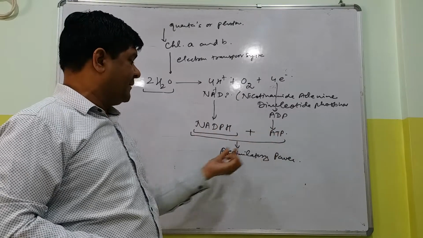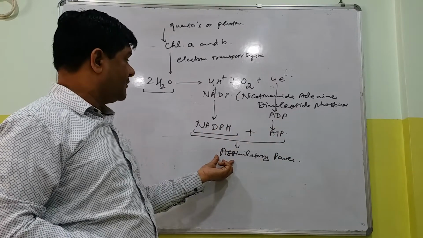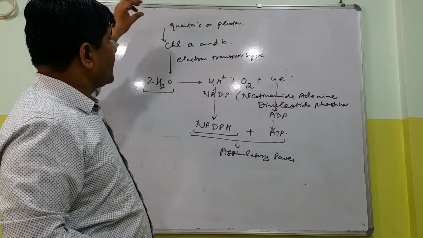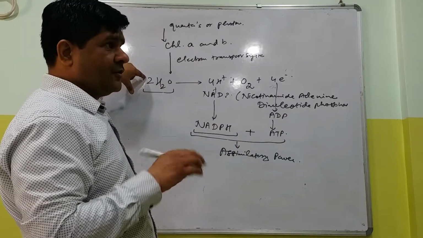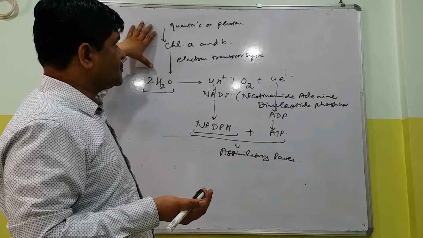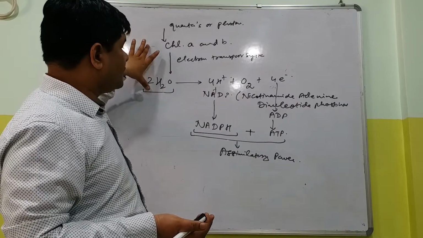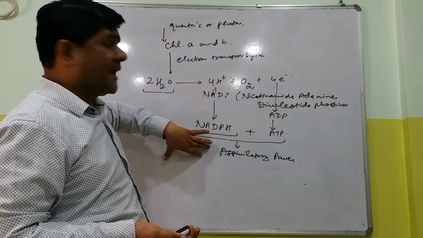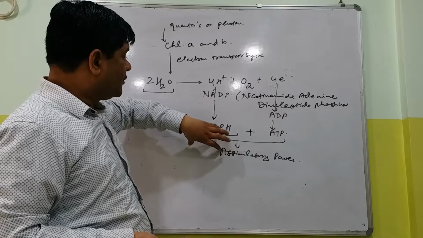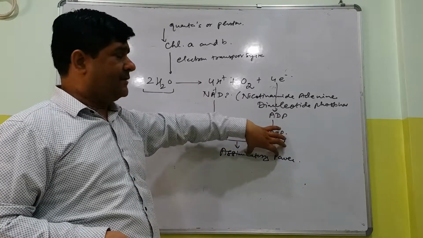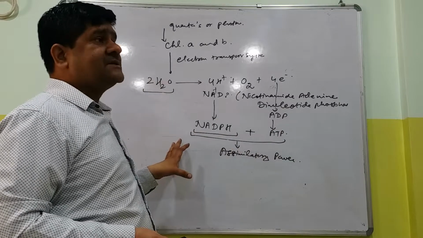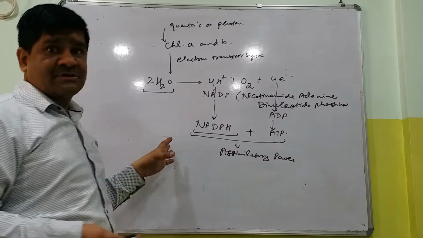NADPH plus ATP is called assimilatory power. So the first step is absorption of solar energy, then splitting of the water molecule, then conversion into chemical energy in the form of NADPH and ATP. This reaction is known as the light reaction of photosynthesis.